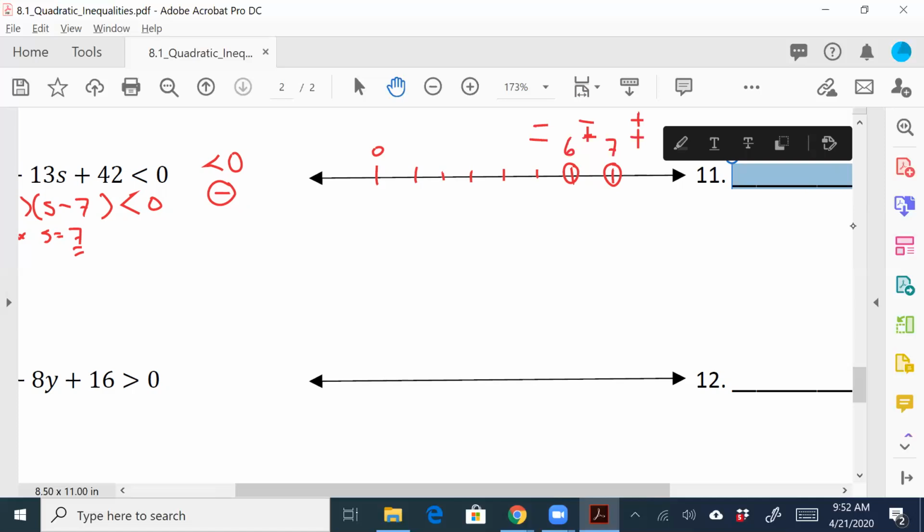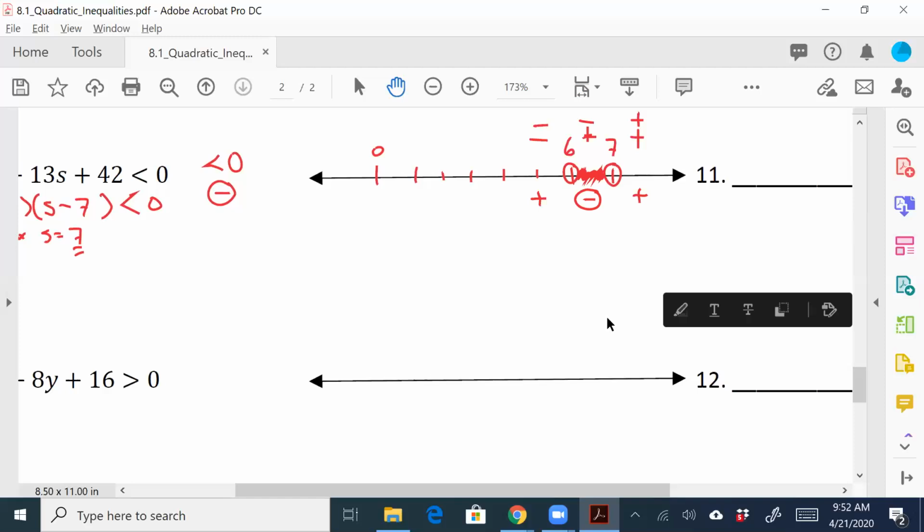Negative times negative is positive. Negative times positive is negative, and positive times positive is positive. And so it's negative in between 6 and 7, and so we shade in between them. And that would be where our solution to this inequality would be.